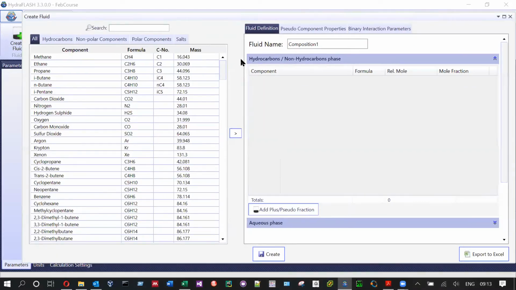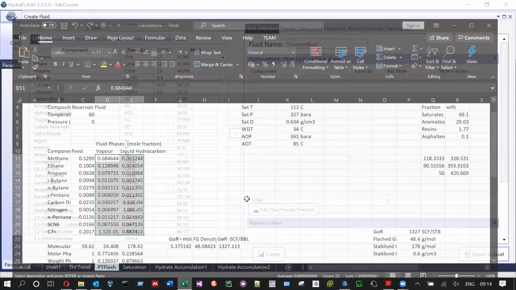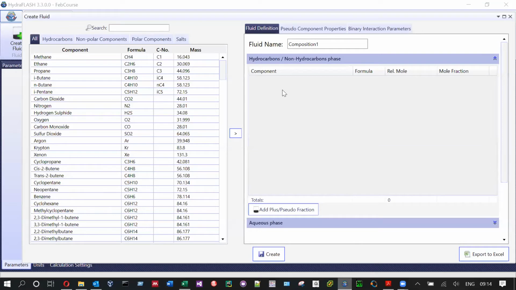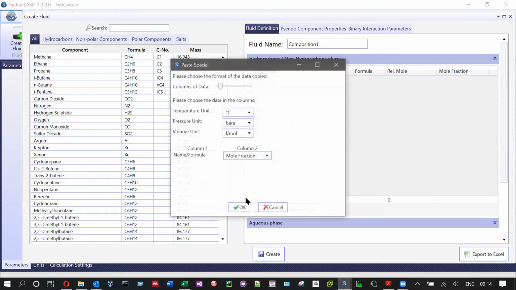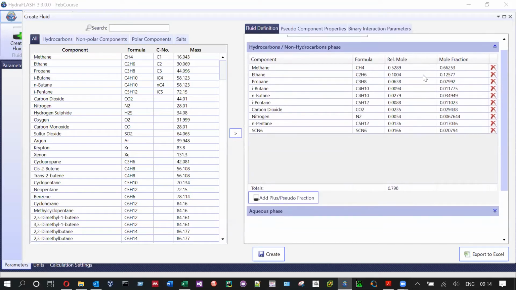To save time, Hydroflash has an option to copy and paste a list of compositions into the database. I select the names and the mole fractions here, go back to Hydroflash, and press this button, paste name and mole fractions, and it imports all the components with their mole fractions.